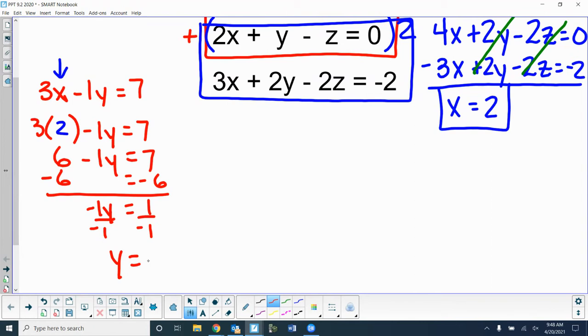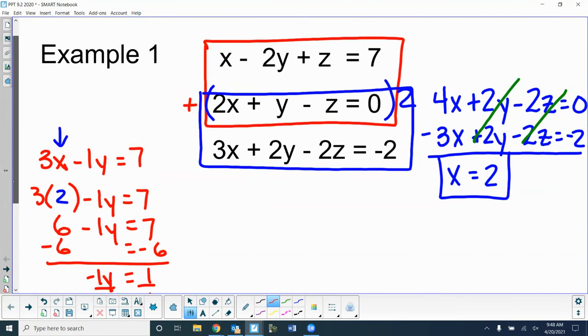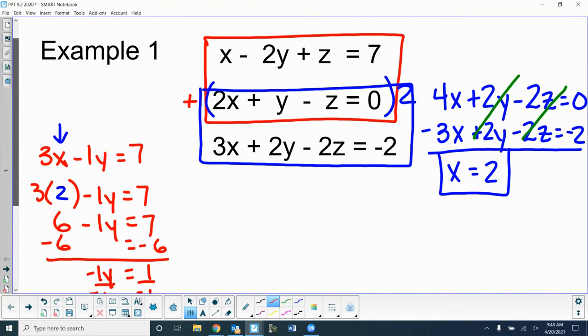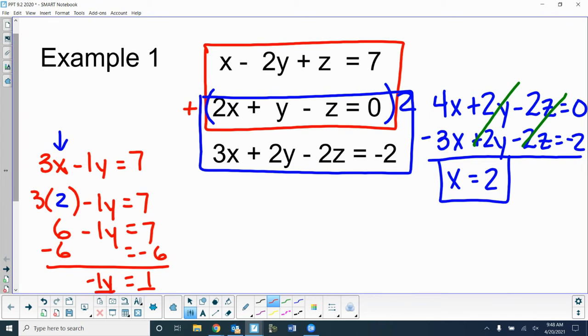So y equals negative 1. All right, so I got those two. So then, to figure out the z now, I can pick any of the 3 original ones to plug into x and the y we got, and I can find the z. And since the top one is a positive z, that's the one I'm going to plug into.